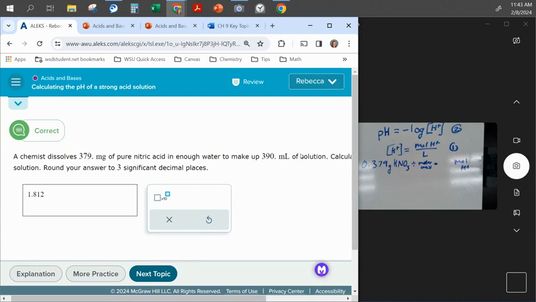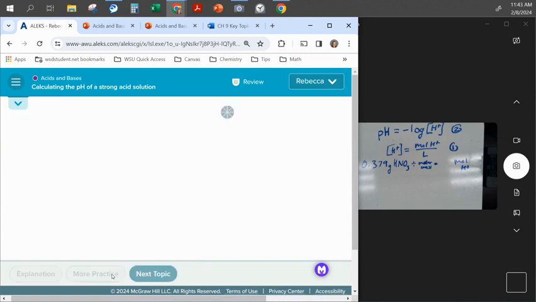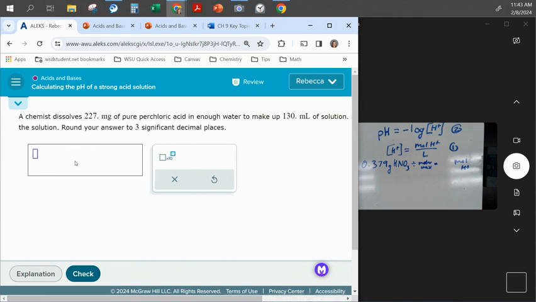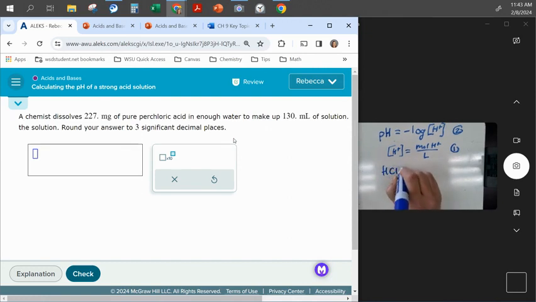Do you want to do another one of these? One more. Let's do another one. Okay, perchloric acid. So we have to figure out what perchloric acid is. HClO4?